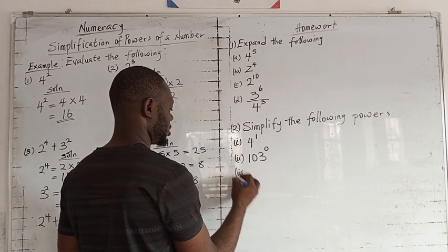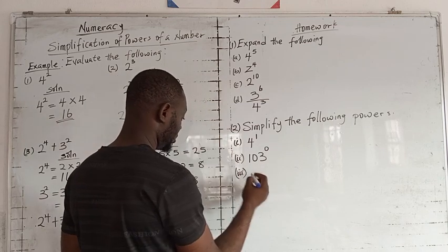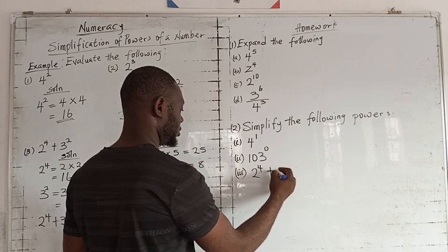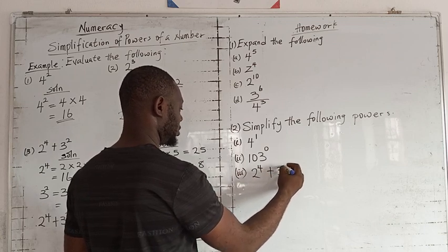III, simplify 2 raised to the power 4 plus 3 raised to the power 2.